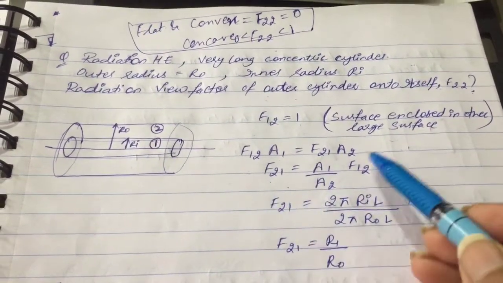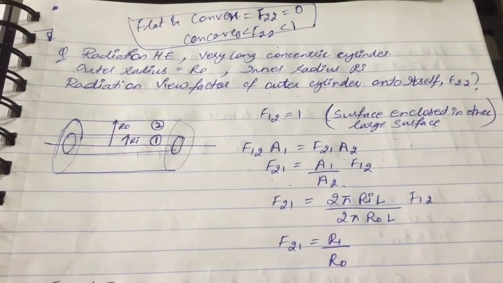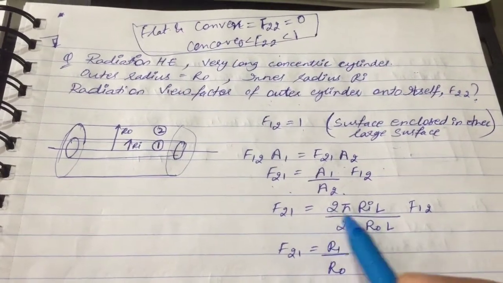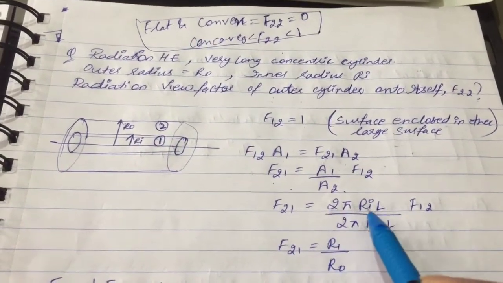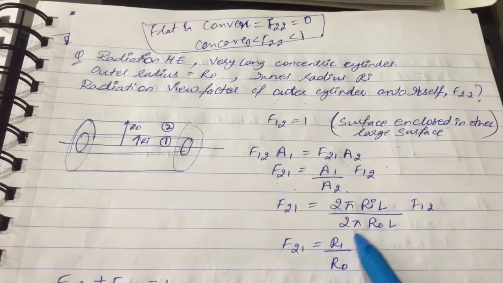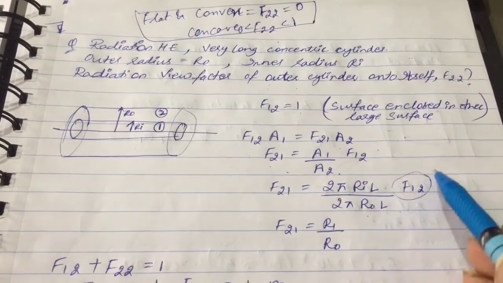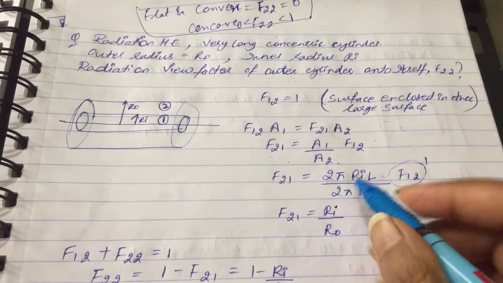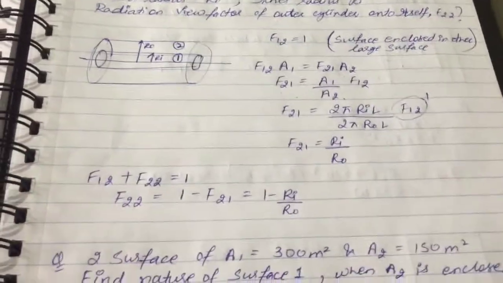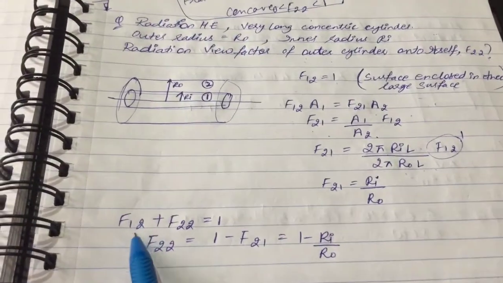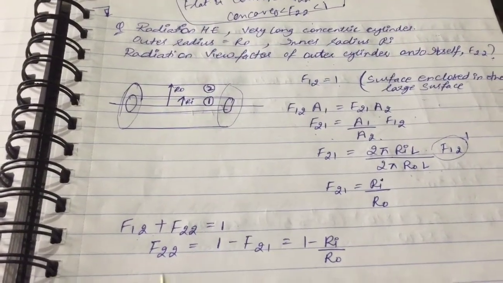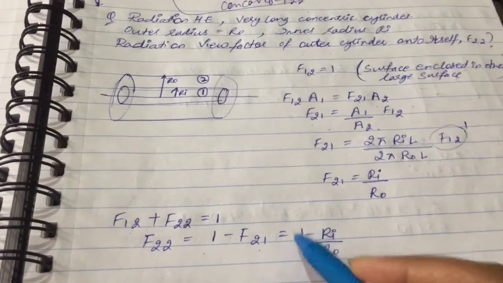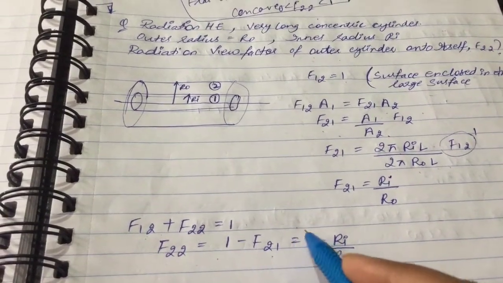Now F21 would be area 1 by area 2 into F12. The area of a cylinder is 2 pi rl, so putting in 2 pi ri l by 2 pi r0 l into F12, where F12 is 1, F21 comes out to be ri by r0, inner radius by outer radius. So from the summation law, we know that F12 plus F22 is equal to 1, so F22 would be 1 minus F21, which is 1 minus ri by r0.